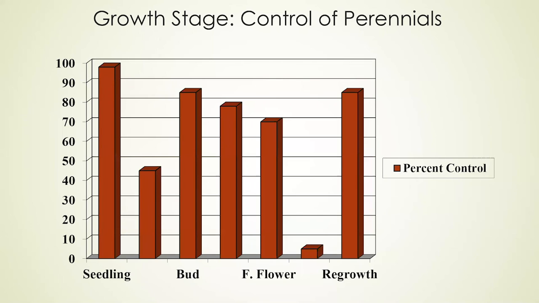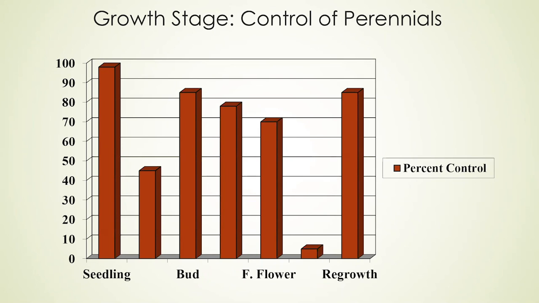A lot of times it's because it's the second year, third year, and they've got root reserves that they're growing off of. They're not uptaking things, they're using their root reserves. But when it starts to bud and goes to full flower, because perennial plants have 2 jobs, they want to produce the seeds.